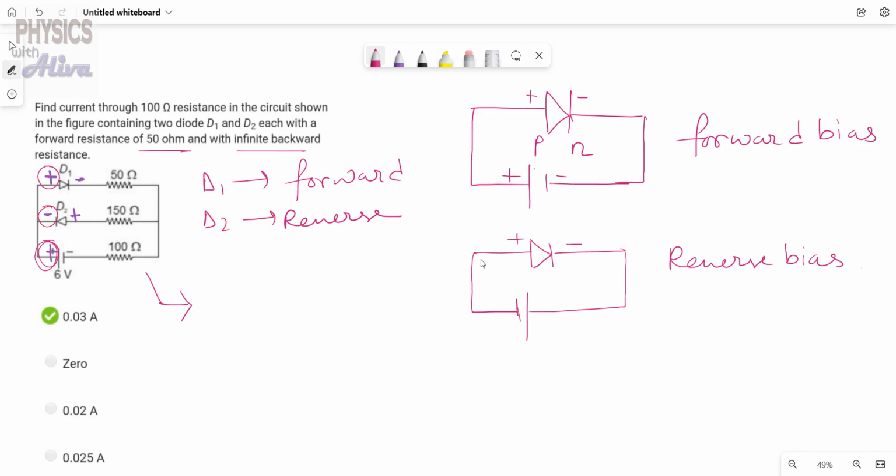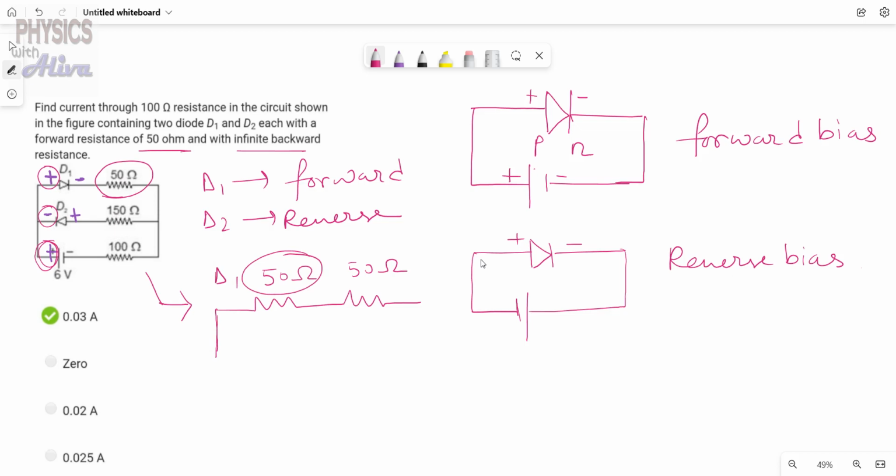D1 is connected in forward bias condition, so the resistance will be 50 ohm. So we will draw this 50 ohm resistance here and we will draw this 50 ohm also. The first 50 ohm is due to the diode D1 and the second 50 ohm is from the circuit, and D2 is connected in reverse bias condition. What is the reverse resistance? Infinite backward resistance.